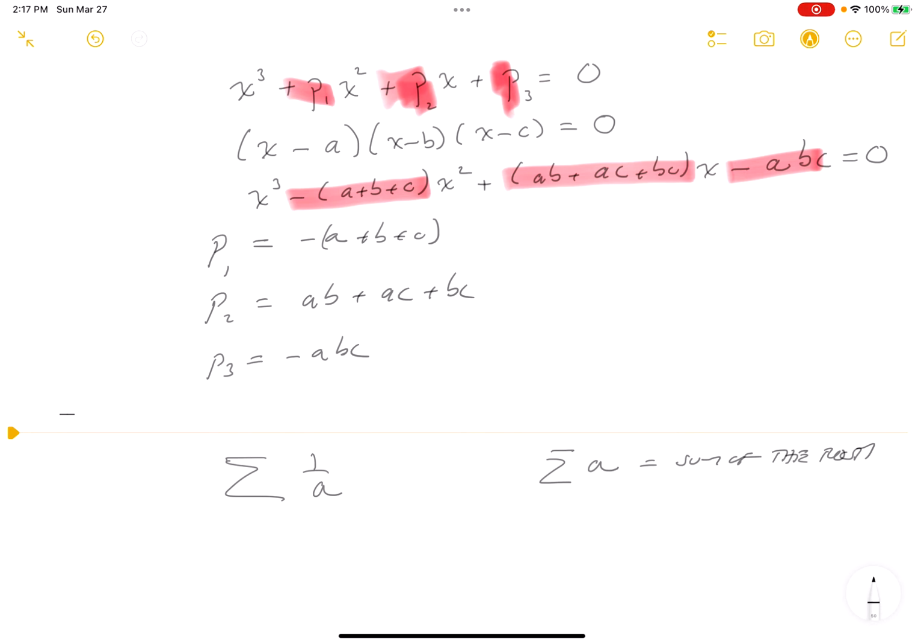All right? So if he were asking this question over here, what's the sum of the roots, right? Well, immediately notice that it's just simply minus P1. That's all that is. But he's not asking for that, right? What is he asking for? He's asking for this, and I'll write it down for you.